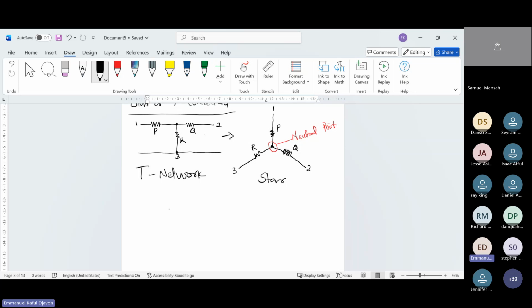Before I go to the next one, as you can see on the board, you have the star here. Let's also look at the delta. The delta can be drawn as pi or as a triangle. The delta is either a pi or a triangle, and that triangle we call delta.